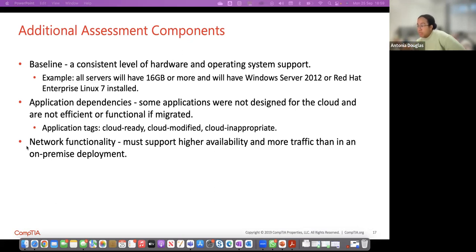So the bandwidth, performance, reliability, and the security of the internet connection must be evaluated. Depending on your organization's requirements, whether you need high bandwidth or low bandwidth, it's different for every organization.